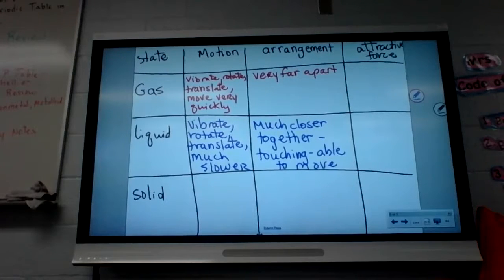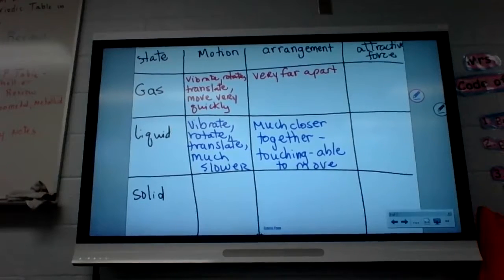Okay? Now, I skipped attractive forces. What attractive forces am I talking about? The negative and positive thing? All right, polar, non-polar. So what polar, non-polar forces did we talk about? They had names.